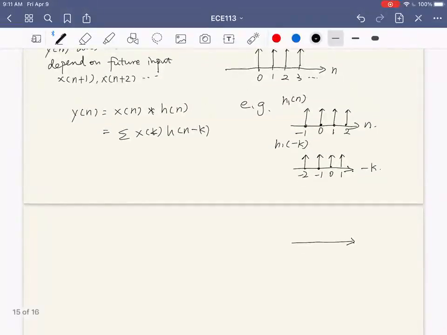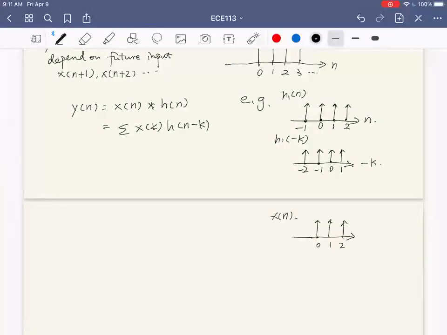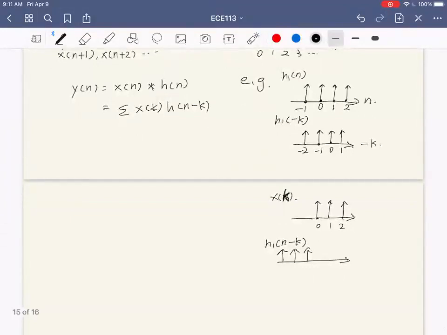We'll see that, let's say this is x of n, and we want h of n minus k to overlap with our x of k, right? So when they have no overlapping, the convolution result is 0.